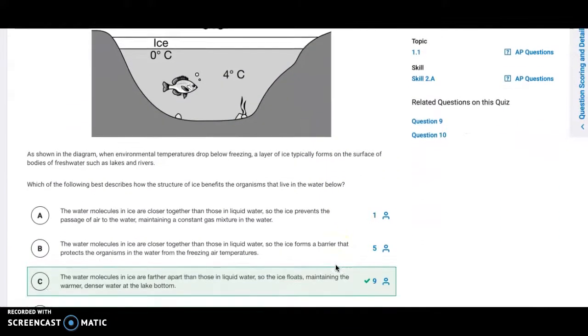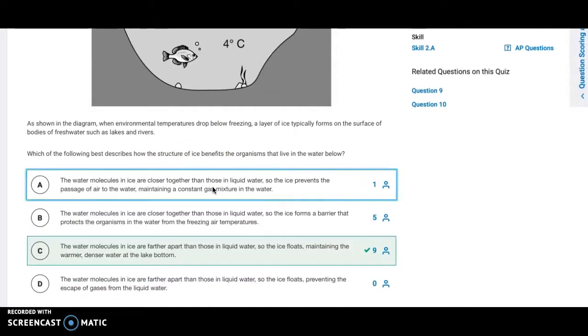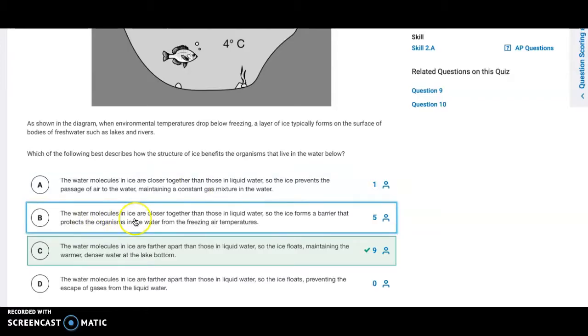Ice on a pond. This one stuck a lot of you. Which of the following describes how the structure of ice benefits these organisms? And I think this same concept caught you on the practice quiz. Water does not become closer together when it freezes, as it does in almost every other kind of molecule that exists except water.